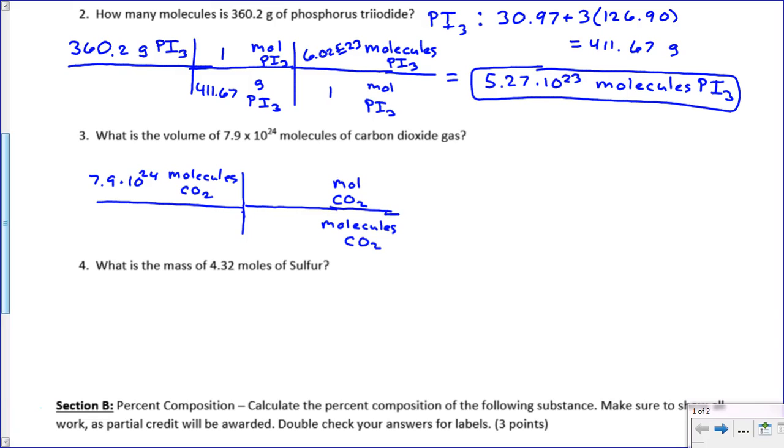And then in the second step, we're going to go from moles of CO2 to liters of CO2, because that's the volume.